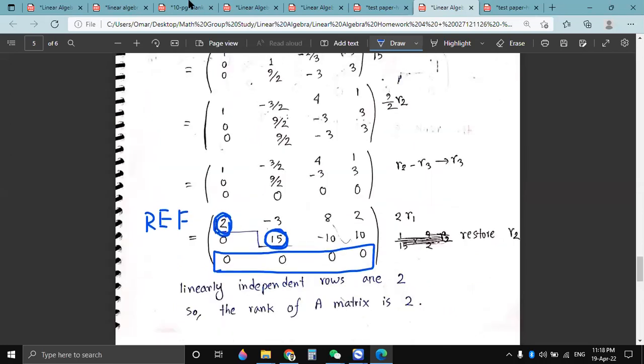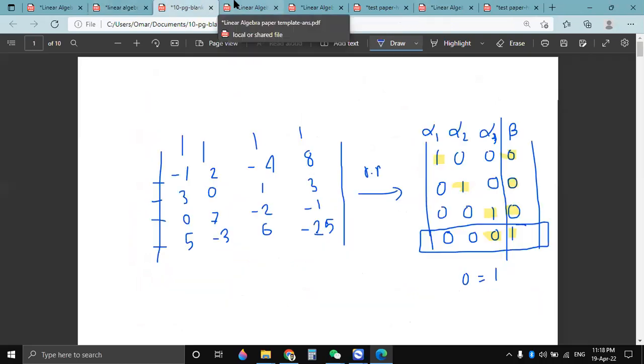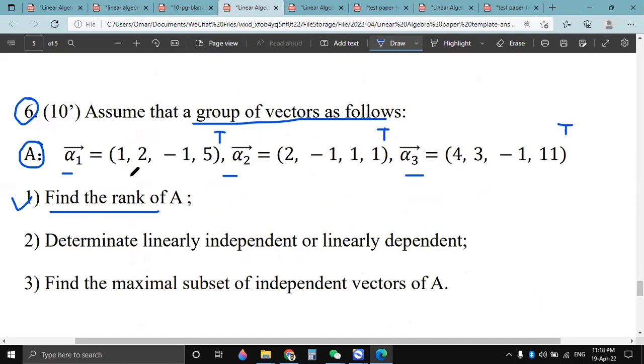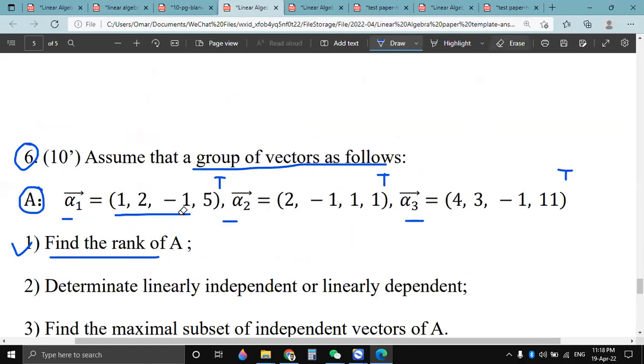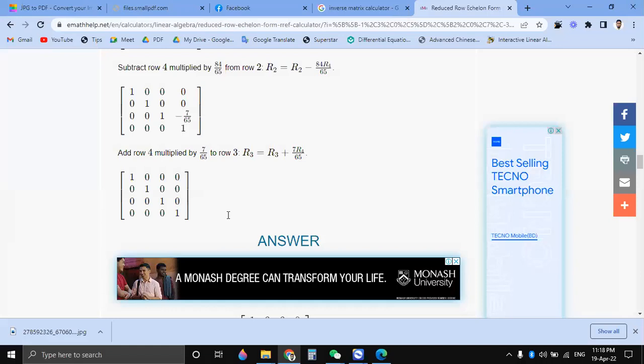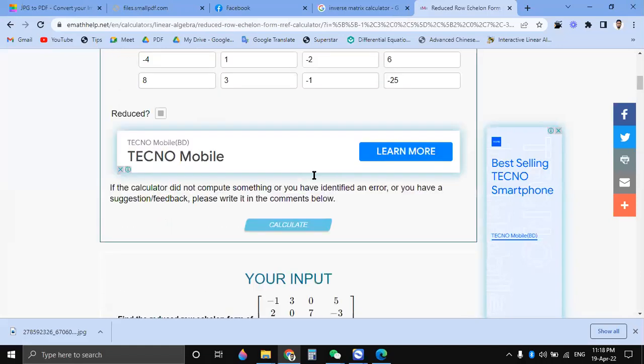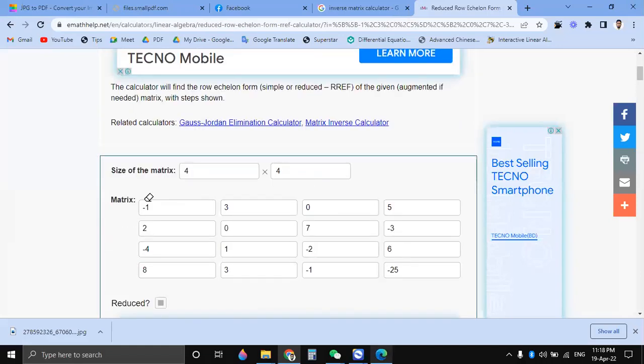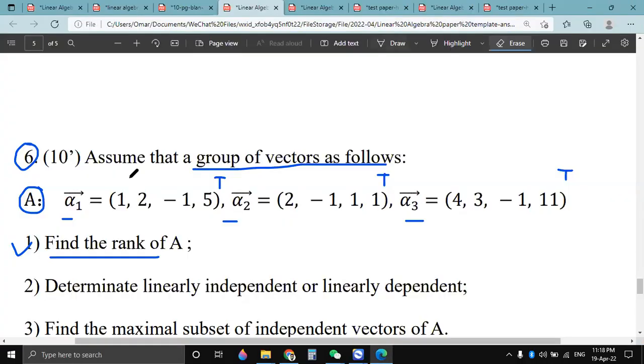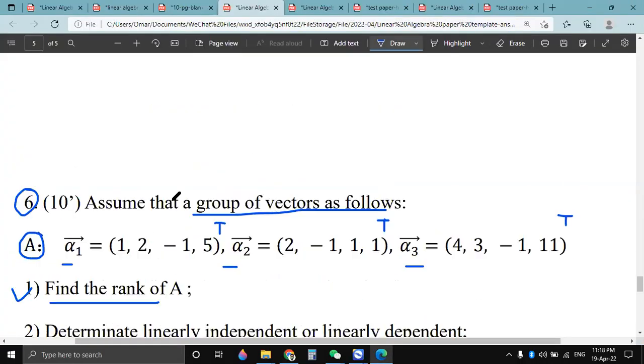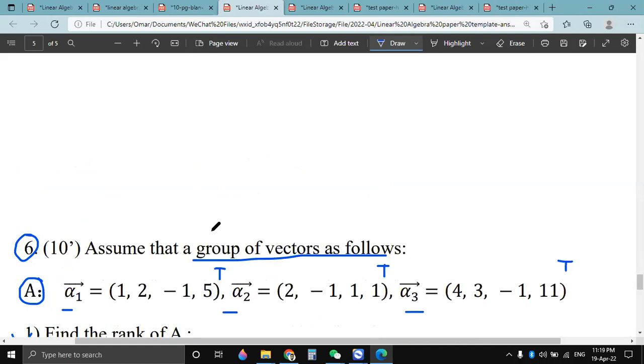And let's solve this equation like the test paper. So we have alpha 1, alpha 2, and alpha 3. So we can use our online calculator, right? So alpha 1 is 1, 2, minus 1, 5. If I write down the corresponding matrix, it will be 1, 2, minus 1, and 5.